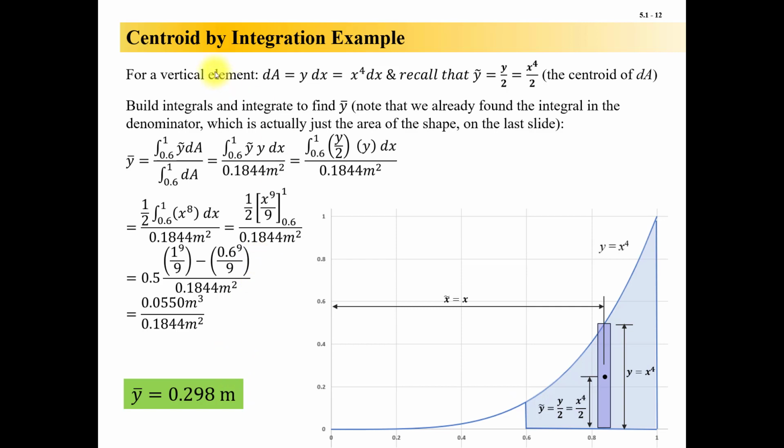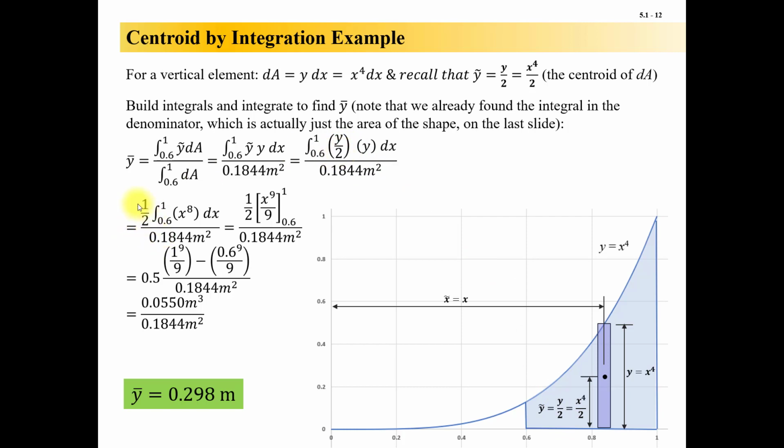So doing the same thing for the y, here we know that the dA is equal to y dx, which is equal to x to the fourth dx. That's the same as before. And recall that y tilde, this is where we have a little bit of difference. I'm integrating y tilde dA, so y tilde is equal to y over 2. Here's where you might get a constant that you might want to factor out, like here it factors out.